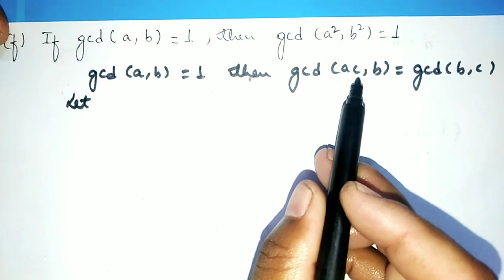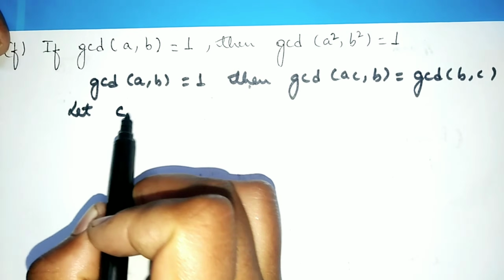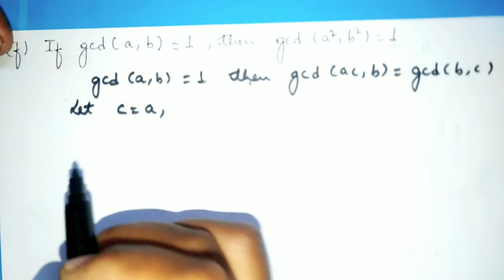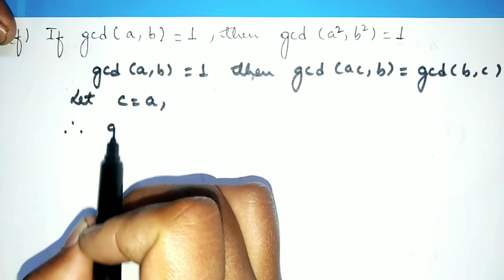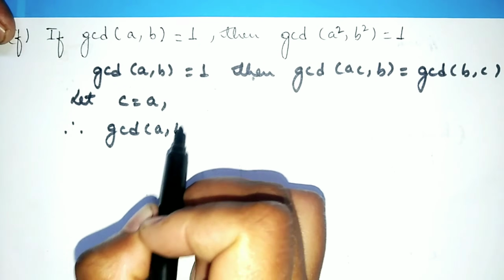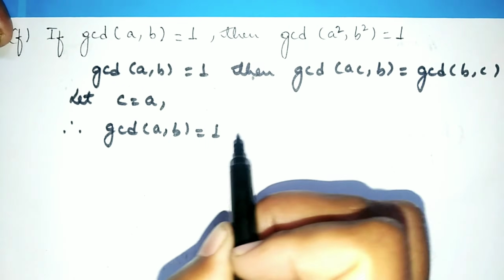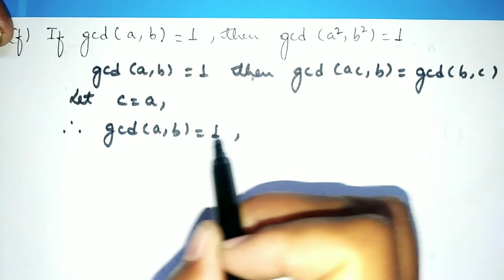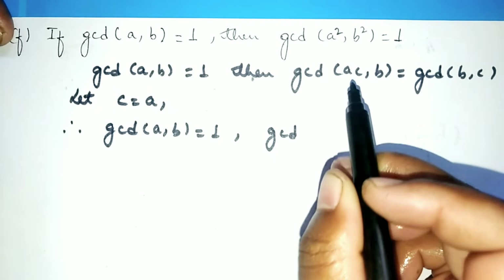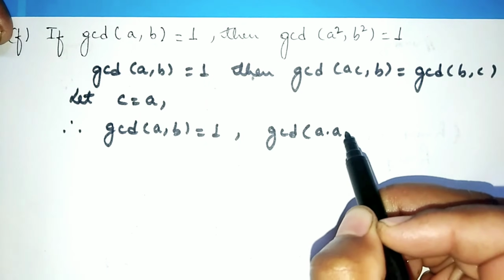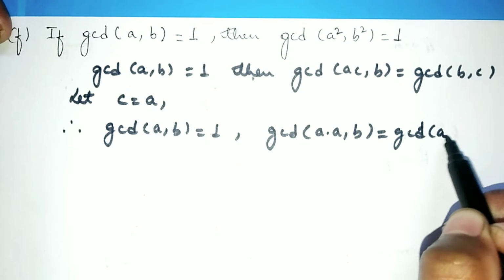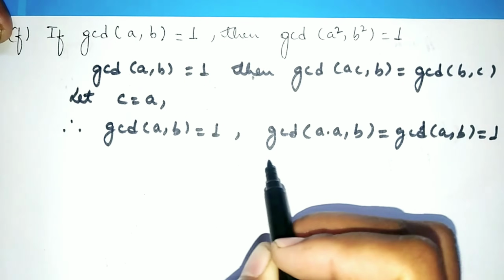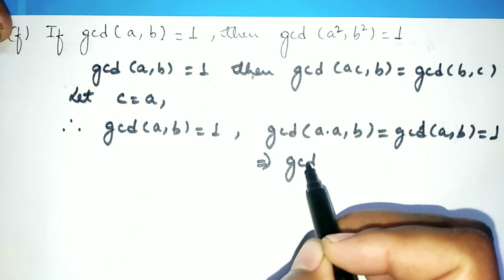Now in place of C, I will put A. So if I put C to be A, then GCD of A and B equals 1. We have here GCD of, in place of C we have A, and this is equal to GCD of A and B, which is equal to 1.